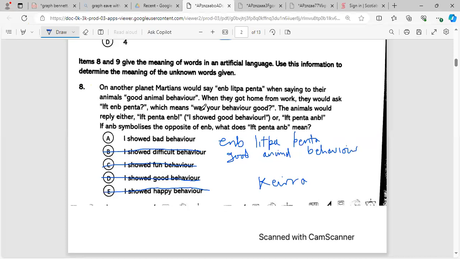Alright, now when they got over, they would say live in penta. We say if I see a word, live in penta, which means was your behavior good? So that one here, I say was your behavior good? So they kind of twist it up.